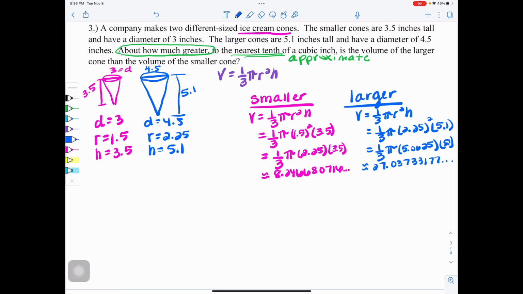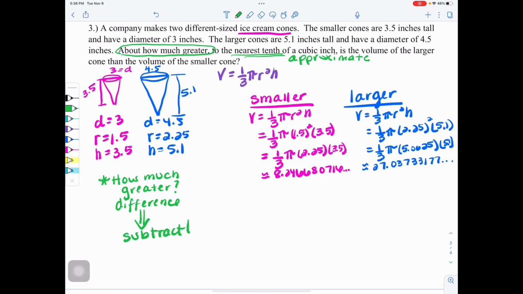Now, thinking back to what the question's asking us about how much greater. So when you see how much greater, I need to know the difference between them. So that means we should be subtracting. And keeping in mind what we've talked about before, another star, we don't want to round until the very end.